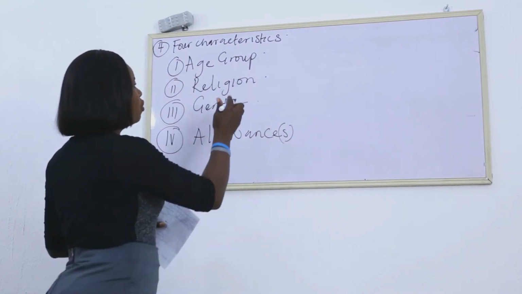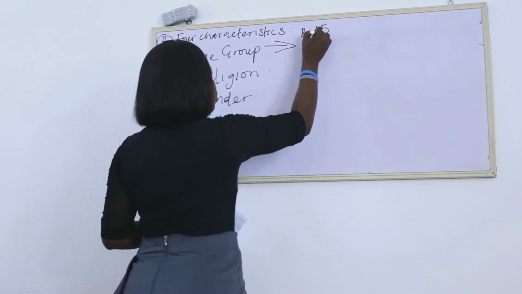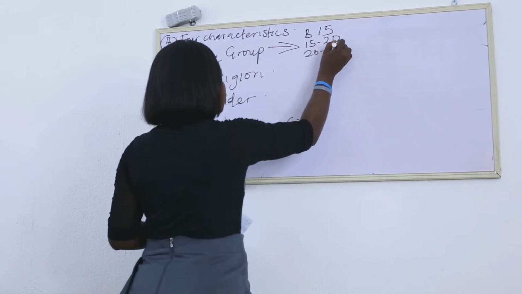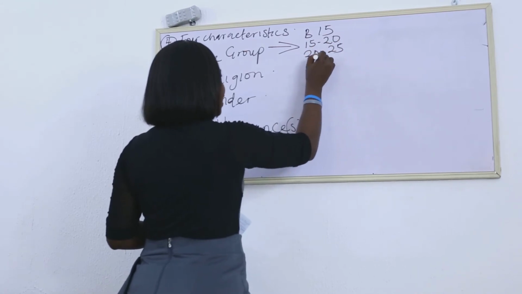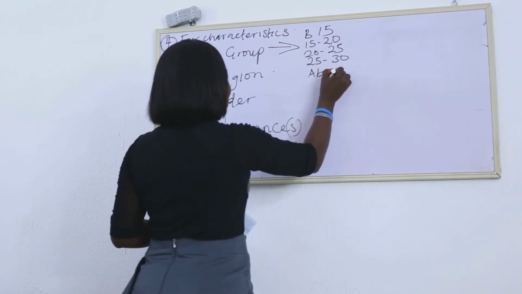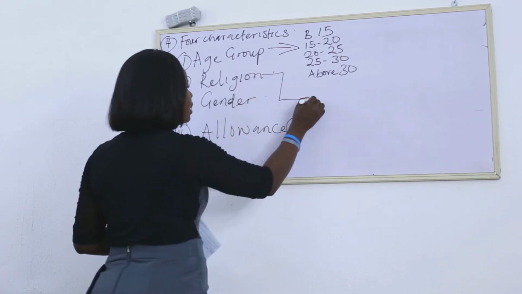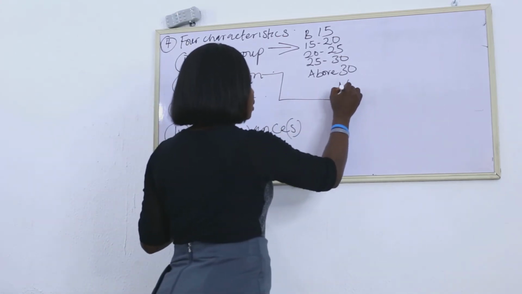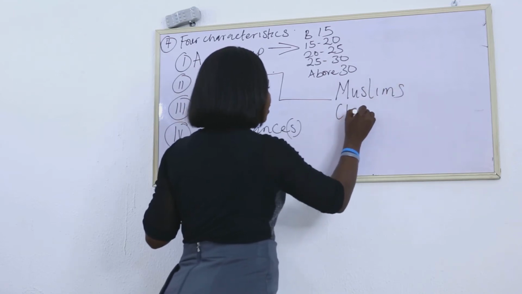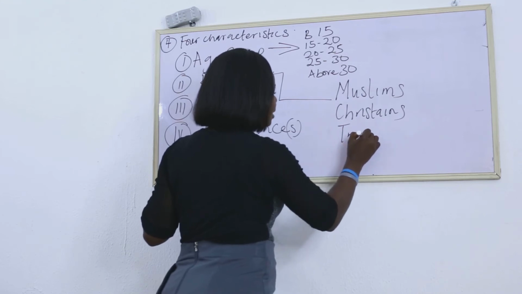For this age group, don't forget that these are what we are trying to look at: below 15, 15 to 20, 20 to 25, then 25 to 30, then above 30. For religion, for example, we are looking at Muslims, Christians, then the traditionalists.